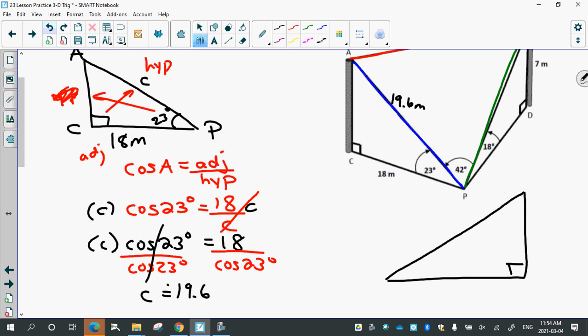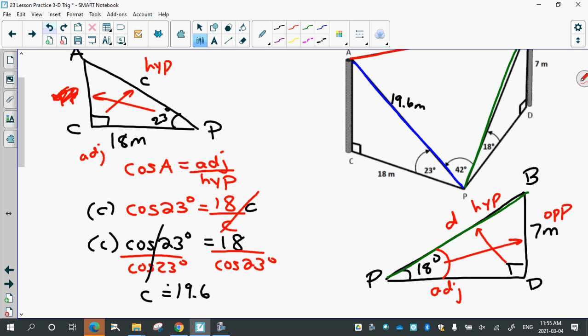So this is D, this is B, and this is P. And we know this angle is 18 degrees, and this side is 7 meters. And we want to know the hypotenuse again, because that's going to be the green side. And we label according to the angle we're given, not the 90 degrees. So the 7 meters is the opposite. We want to find little d, which is the hypotenuse.